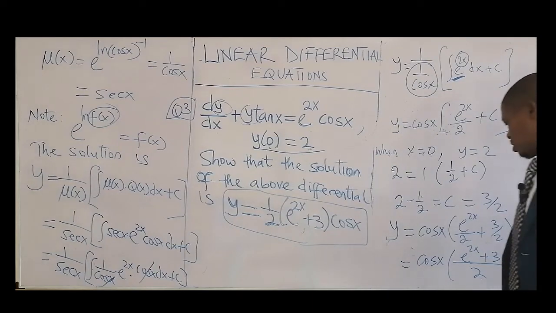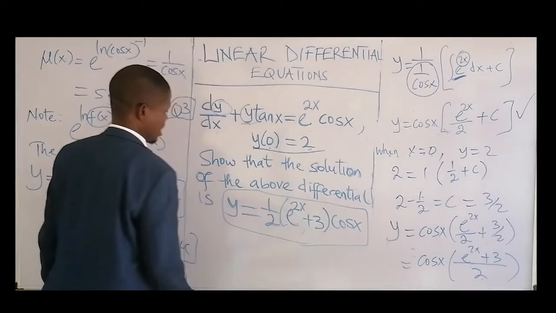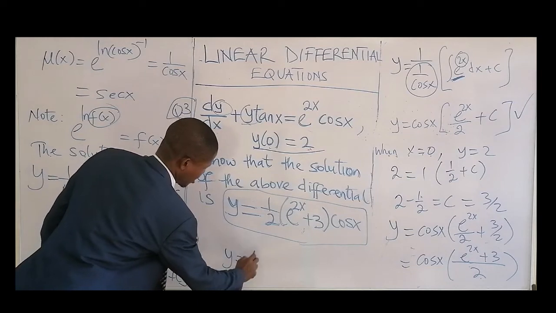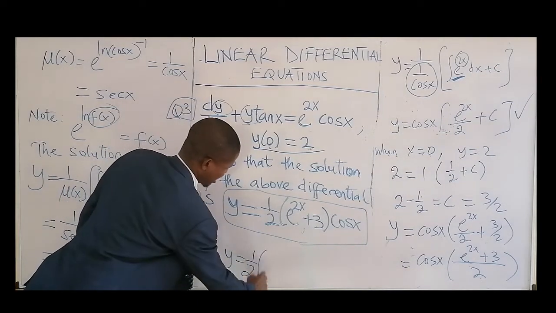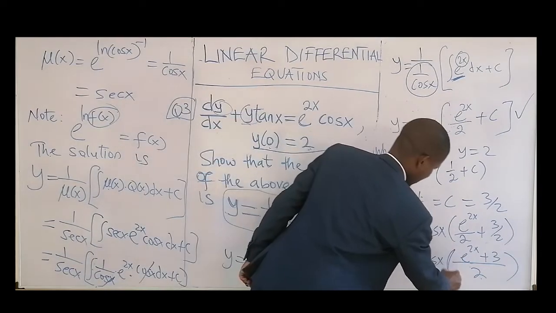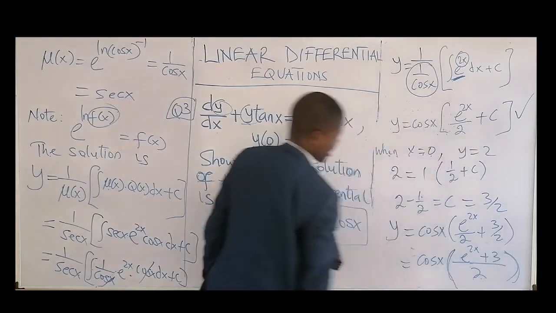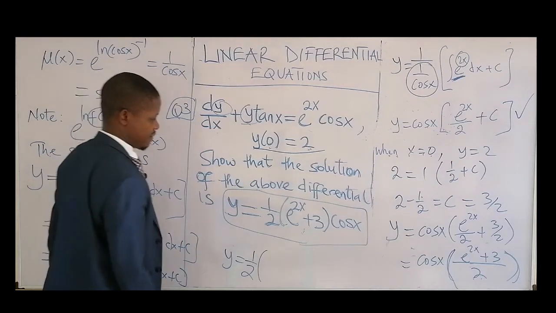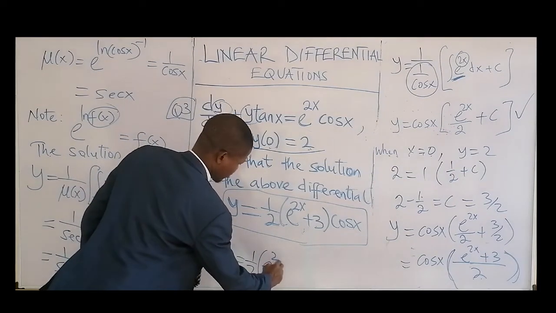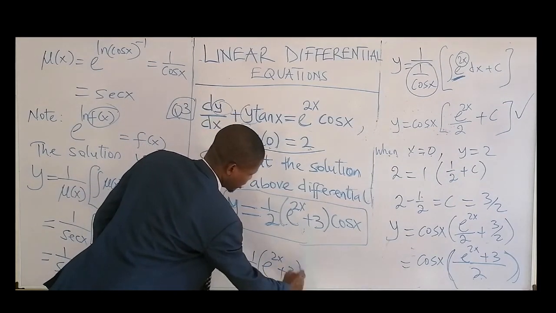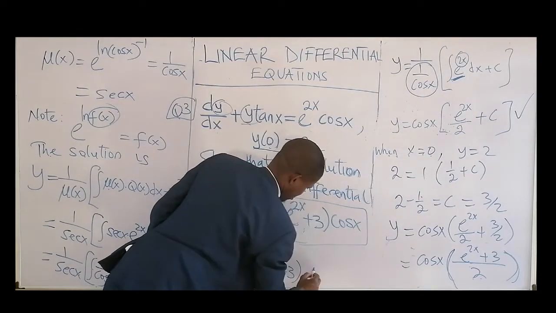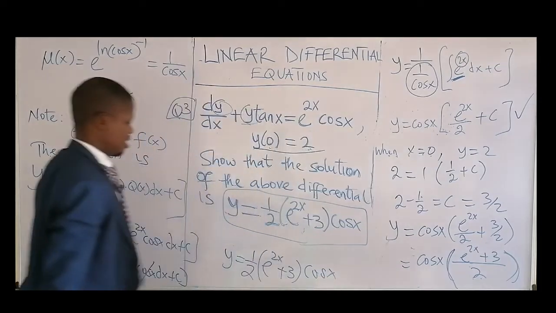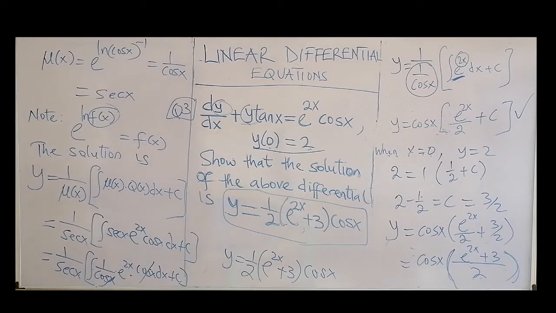If you take it outside, that means you are now having y equal to half into brackets e to the 2x plus 3, and then the cos x. So that's shown.